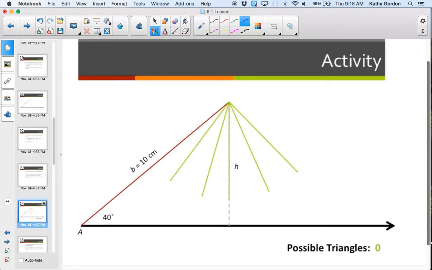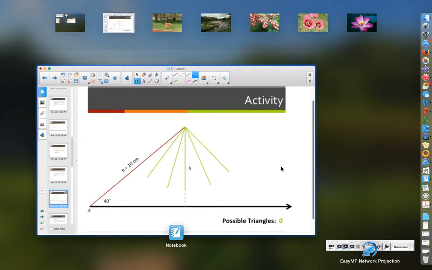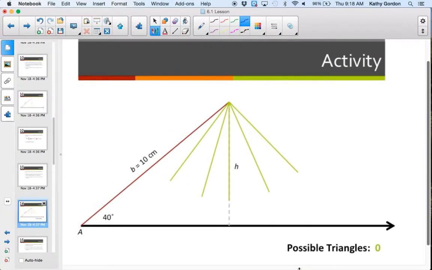So even though I may know side B, and they tell me a side A, and they tell me this unincluded angle, that doesn't guarantee that it really makes a triangle. Okay? So that's one possible scenario of what could happen with an SSA.